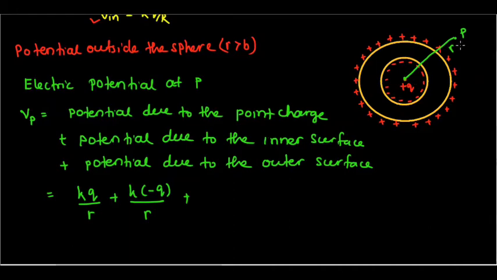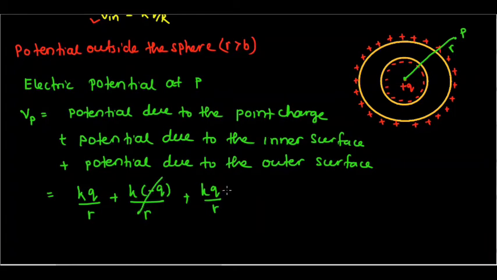Again, the point P lies outside the outer surface, and the distance of the point P from the center of the outer surface is equal to how much? It is equal to r. So I can write kQ by r. So we got the three expressions: potential due to the positive point charge, potential due to the inner shell, and the potential due to the outer shell.